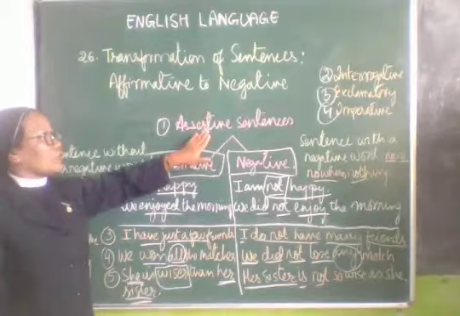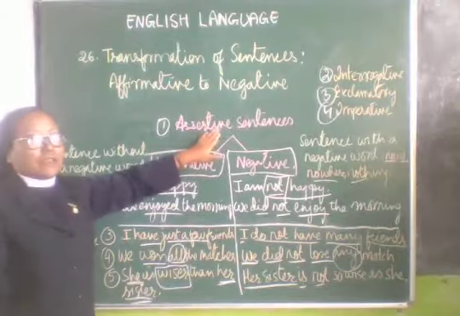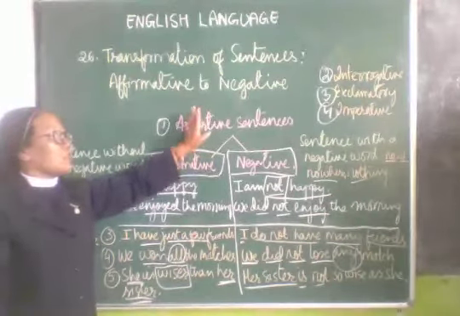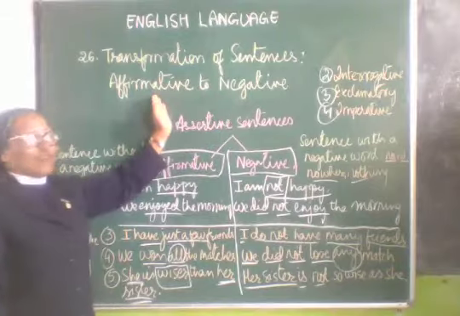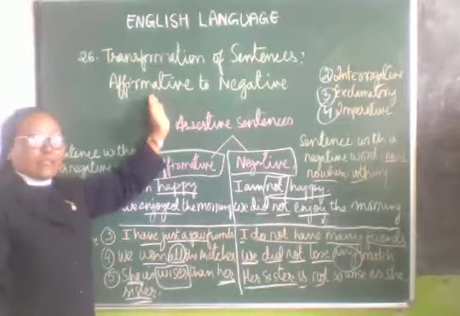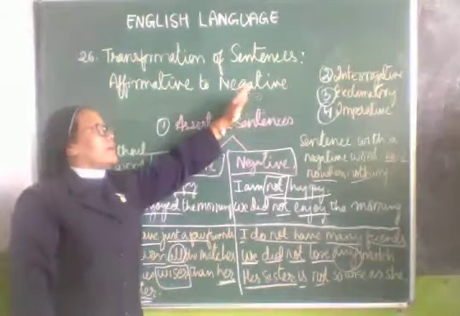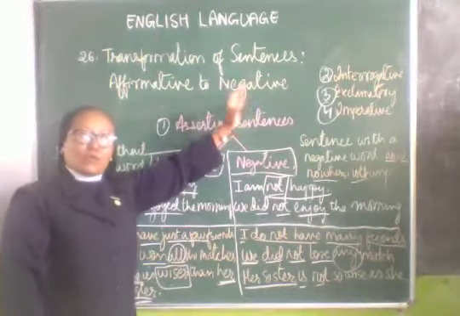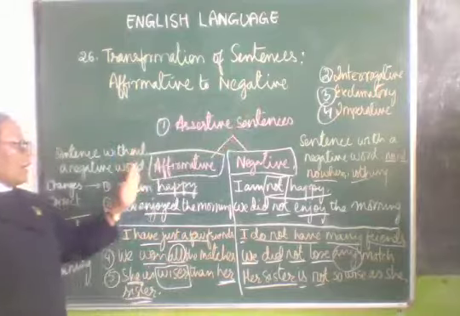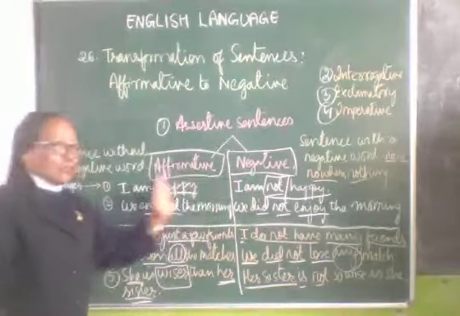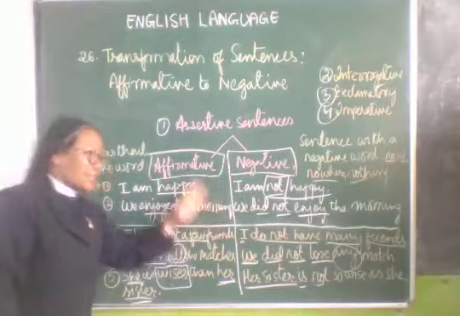Okay, so affirmative, you know that assertive sentences can be expressed into negative form and the affirmative form. Affirmative is without the word no, and then negative is with the word no. All right, and this is direct change with meaning changed.